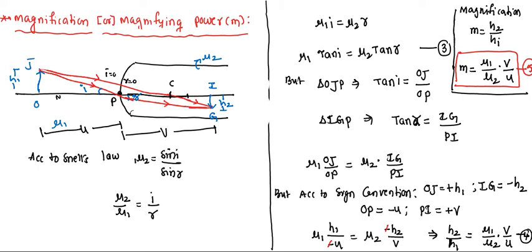And h2 by h1 you got from equation 4 as nu 1 by nu 2 into v by u. That is the final formula. Today's topic is very important, and you have to practice properly.